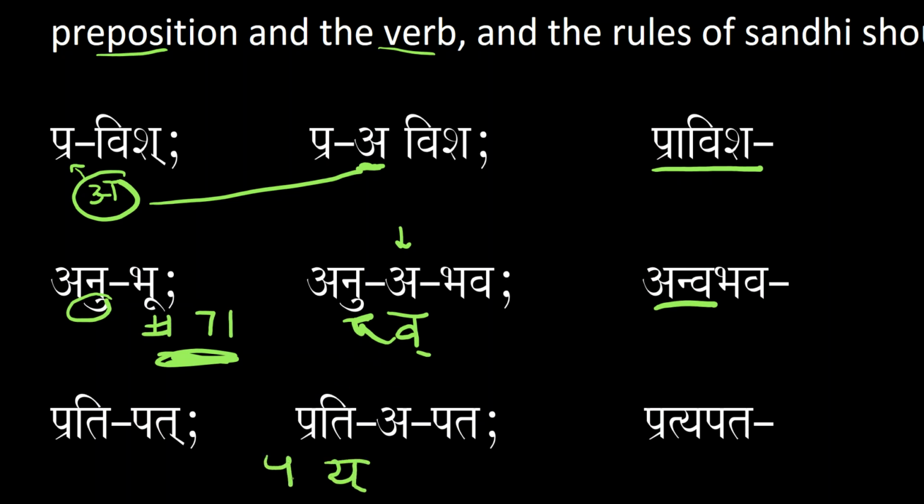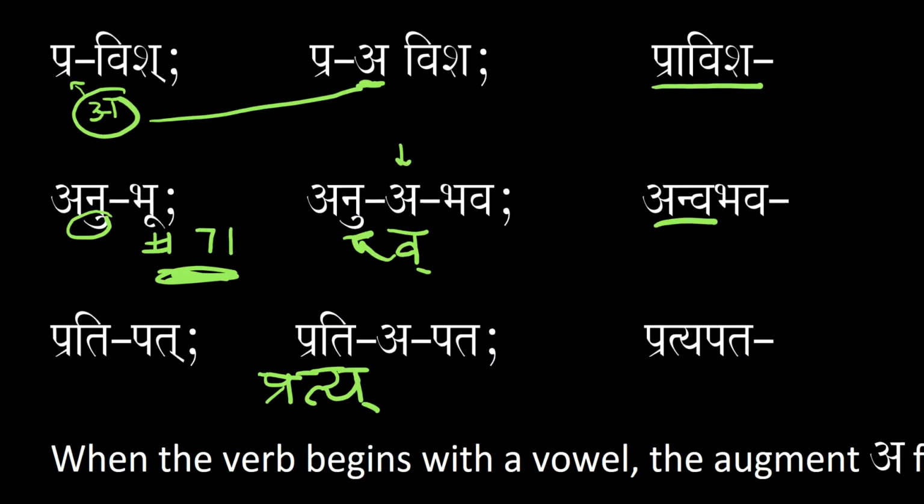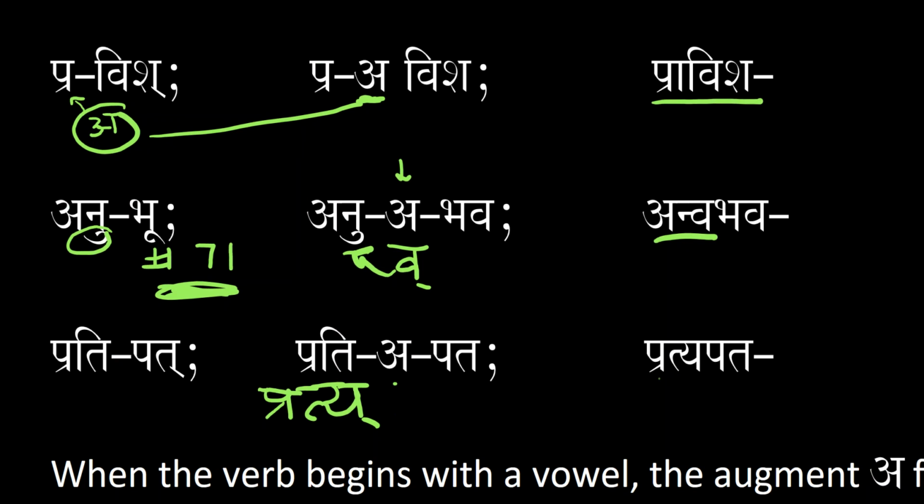So it becomes pratya. Actually, this ta doesn't have a vowel following it, so it would be pratya with a halant. And then that plus an 'a' is going to give you pratyapata. And then you would add your termination ending. So again, refer back to lesson 71 for vowels that are followed by a dissimilar vowel.